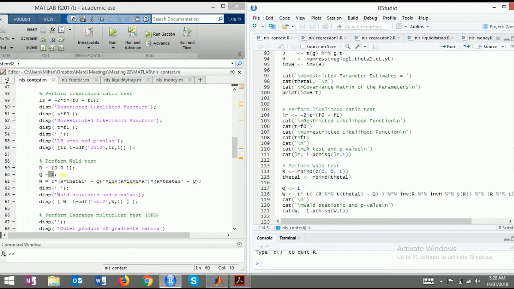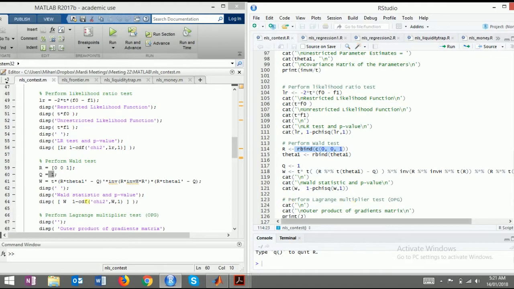So we're doing a row bind, so they come in rows, side by side. 0, 0, 1: row bind, combining 0, 0, 1. For theta 1, we put the row bind of theta 1 in rows, q equals 1, so T into R theta 1 transpose minus q.